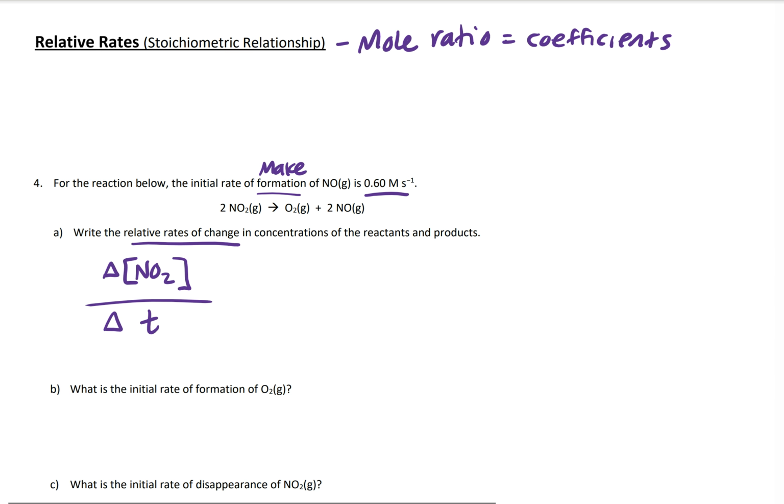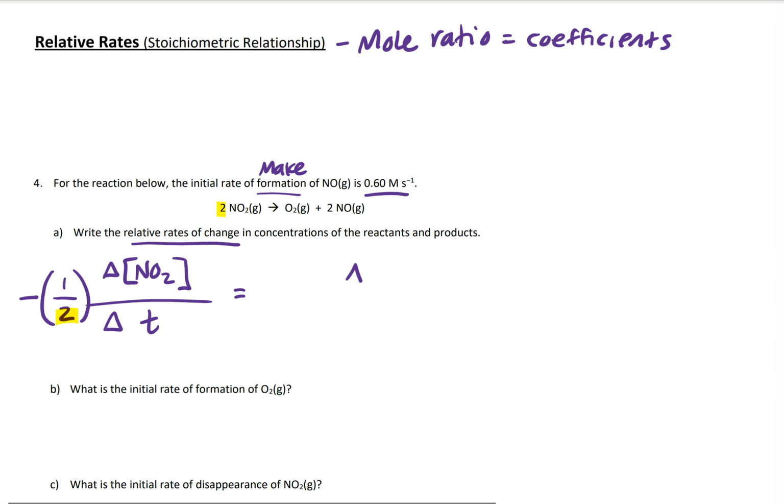But since it is a reactant, we're going to put a negative sign in front because its concentration is decreasing. And then we're going to put a fraction in front. It's going to be 1 divided by 2 because the coefficient of NO2 is 2. So we're going to make the denominator the same as the coefficient. We're going to set that equal to the rate of change of the oxygen gas.